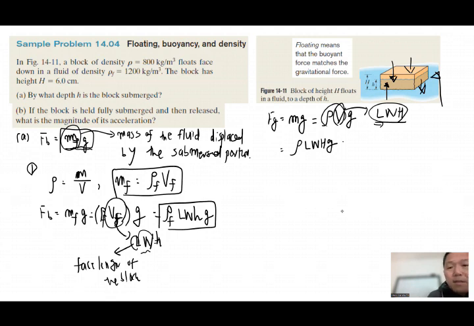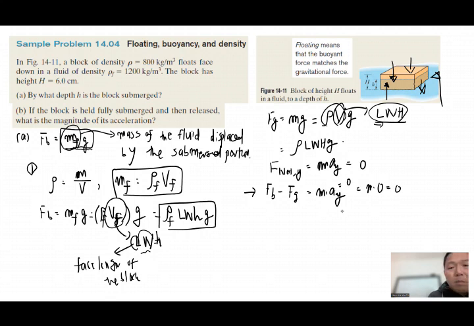F_net,y equals m a_y, which equals 0. Plugging in the two forces, F_buoyant minus F_g equals m times a_y, and a_y equals 0, so it equals 0.